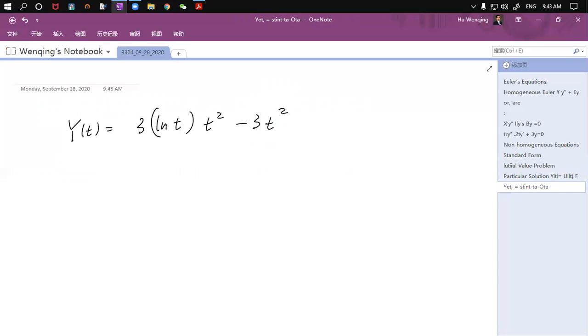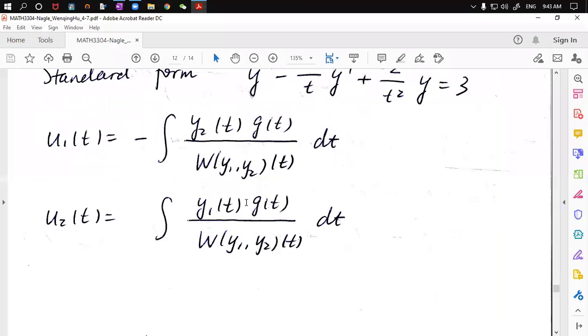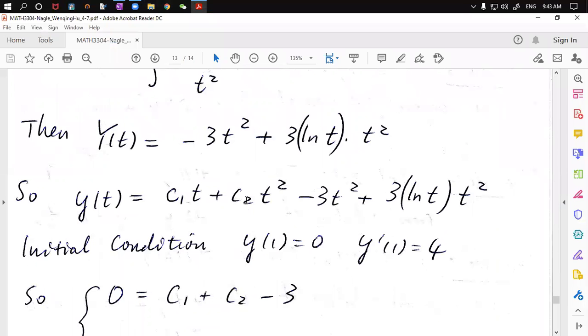So that's minus 3t squared. Is that good, family? That's how you find your particular solution.